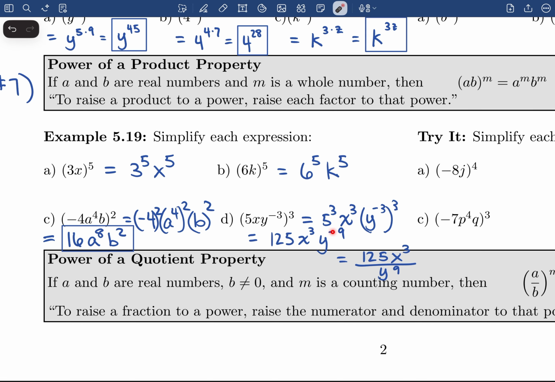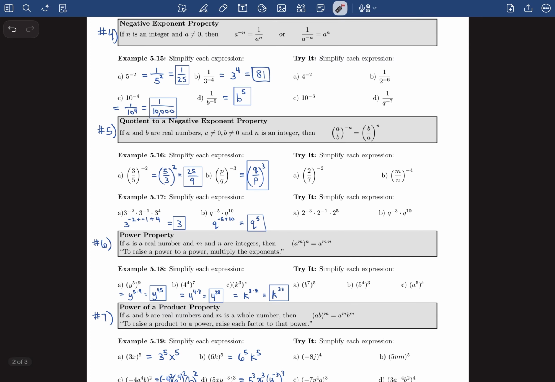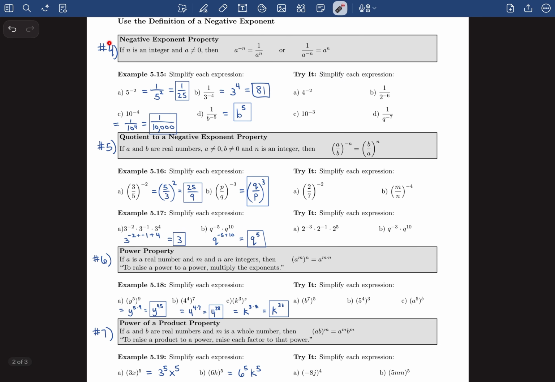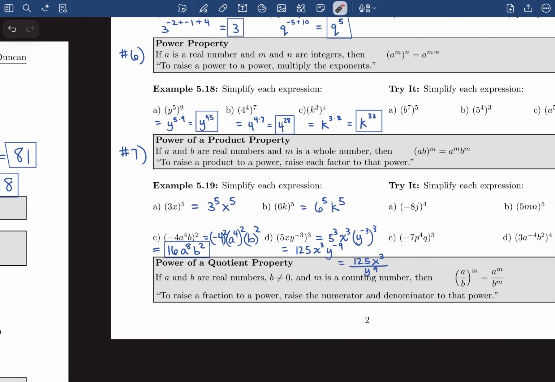But in doing so, that went into the denominator of this expression. So this becomes 125 times x cubed divided by y to the 9th, because I wanted to make that negative exponent become positive using the negative exponent rule that we learned up here. Great.